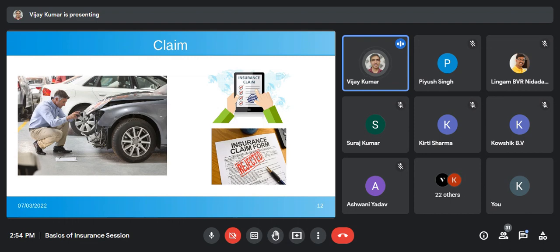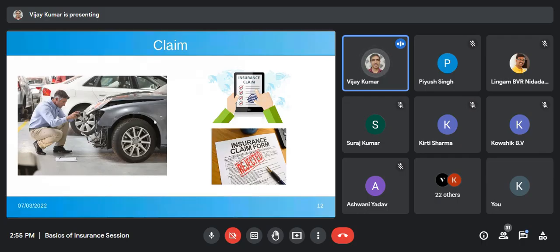Or suppose your vehicle goes on fire, but I did not buy the fire coverage in my policy. Then the insurance company will say, okay, we don't see that you had bought fire coverage in your policy, so we reject your claim because it's not part of the policy contract to be executed. Make sense?